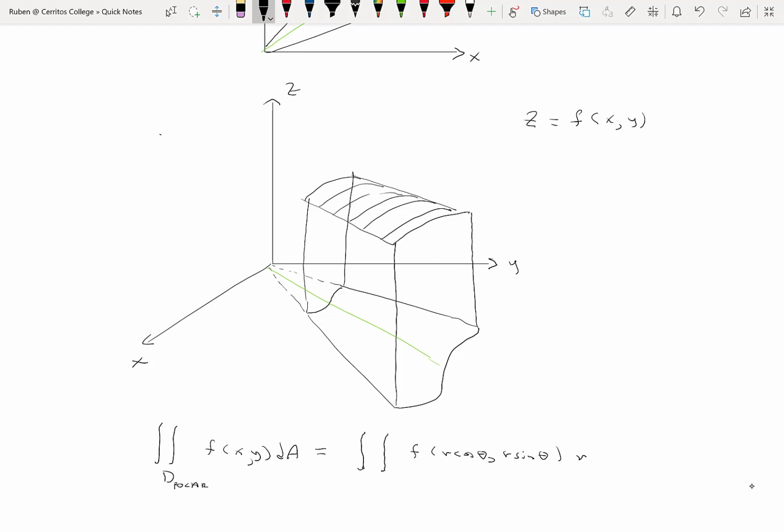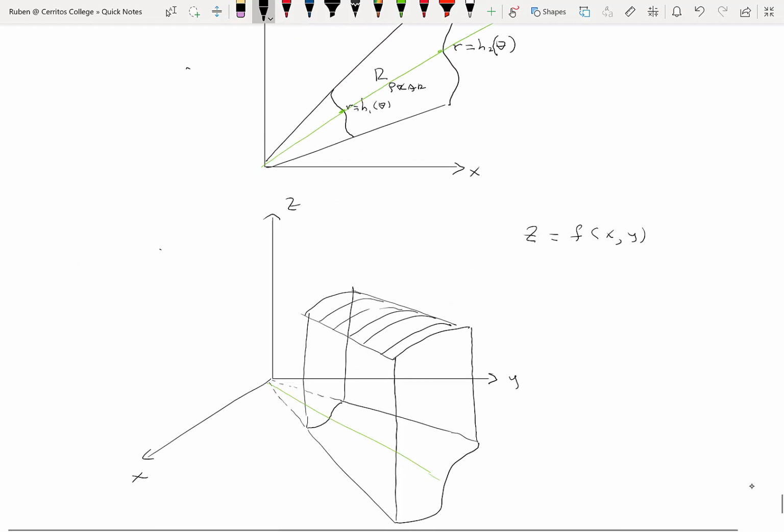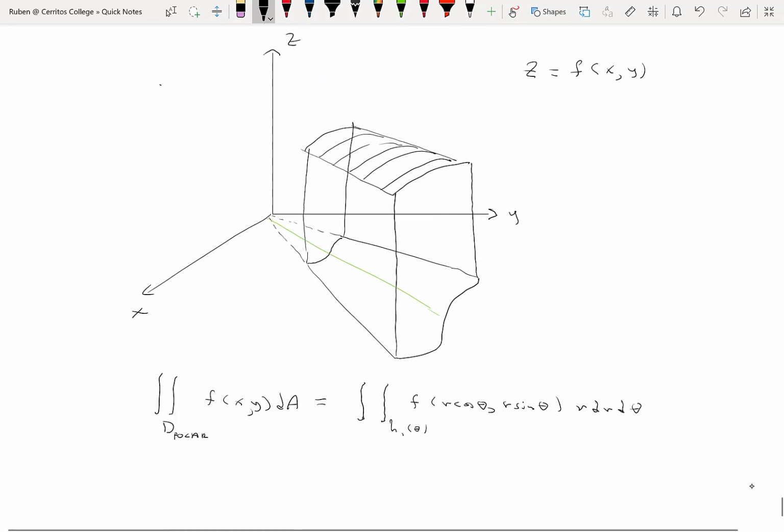Don't forget the r in r dr d theta. Green line, r varies from h1 of theta as it enters the region first. As it passes through the region, it hits h2 of theta, and theta varies between the constants alpha and beta.